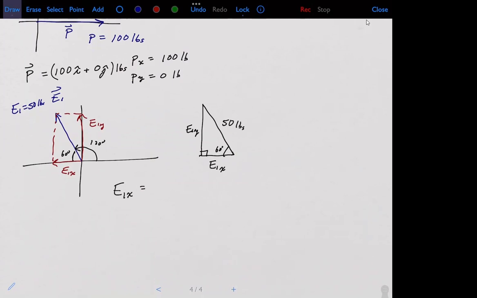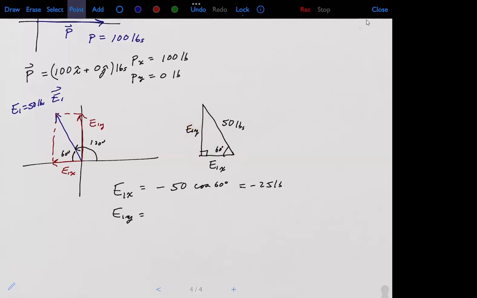So it's going to be 50 times cosine of 60, but we know it's pointing to the left, right? That component's to the left. So it's actually negative. So it's going to be negative 50 times cosine of 60 degrees. And that equals negative 25. And then E1y will be positive, and since it's opposite to 60, it's going to be using sine, right?